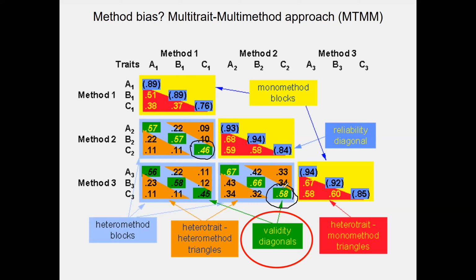And that is what shows up on your validity diagonal. Do I, method 1, and my spouse, method 3, agree about my symptoms of anxiety, trait A? So you want these to be high. Now they're not going to be whoppingly high because you're always going to have different perspectives, but you want them to be high relative to other things in the index.